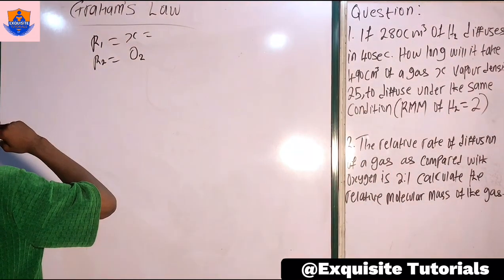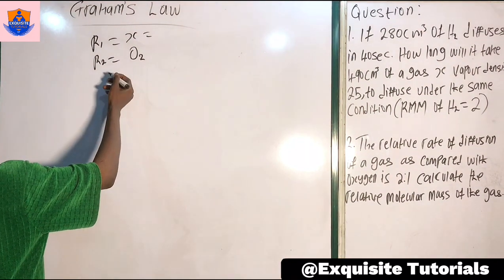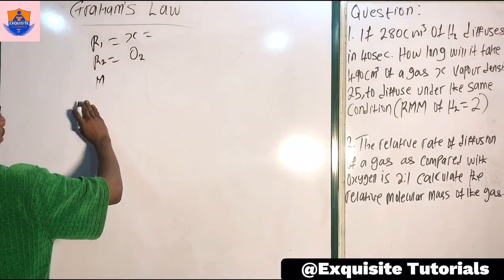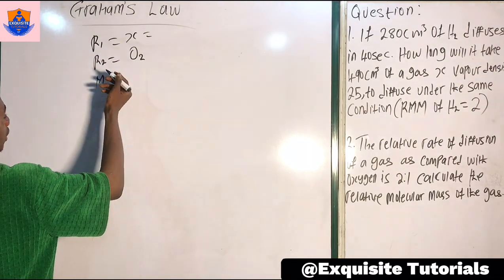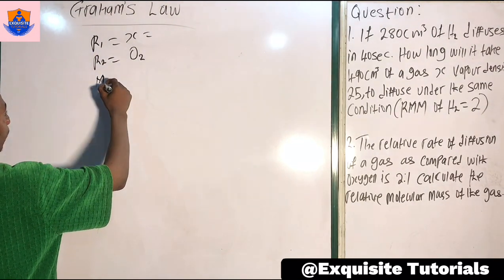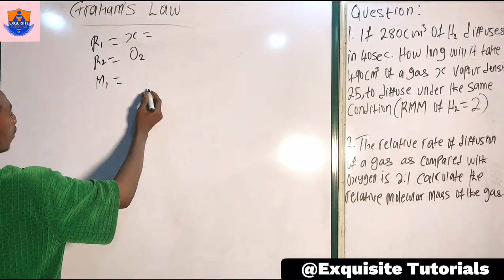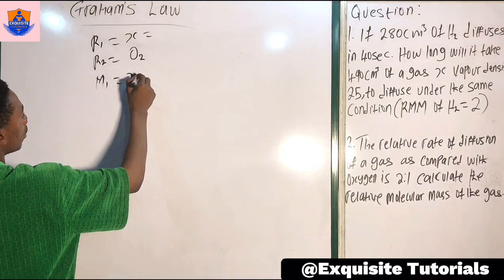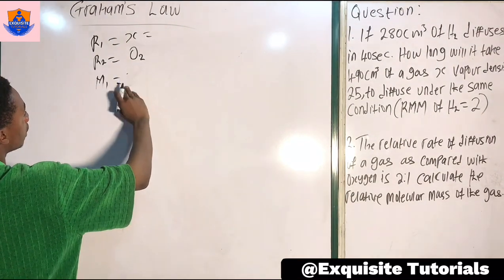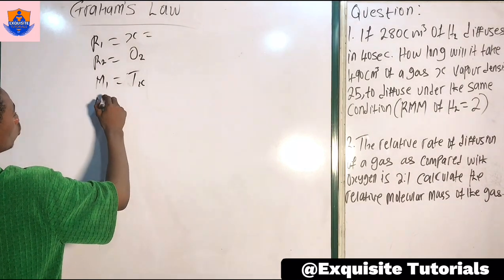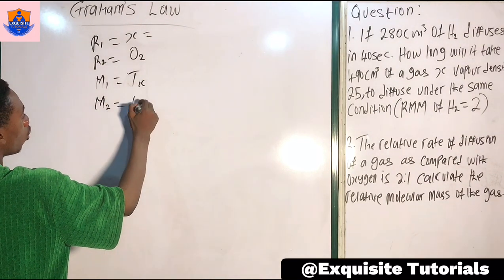So how do we do it? First of all, we are talking about rates and the molar mass. The molar mass of M1, let's say X, then M2 will be equal to oxygen.